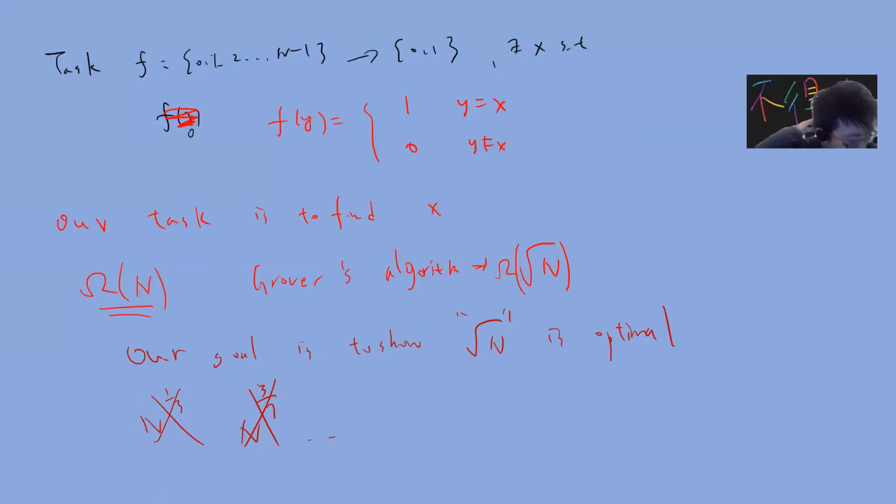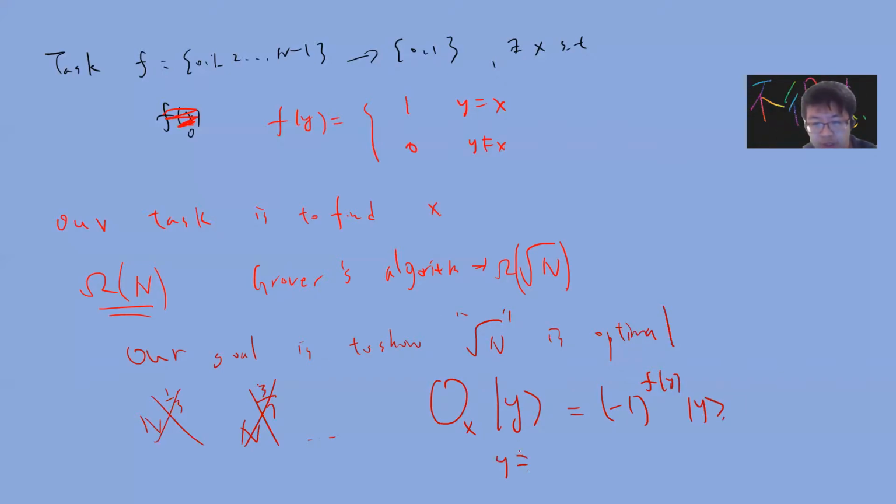So Grover's algorithm will use the oracle. One defines the oracle O_x, which acts on a particular state y as minus one times y if y is x.